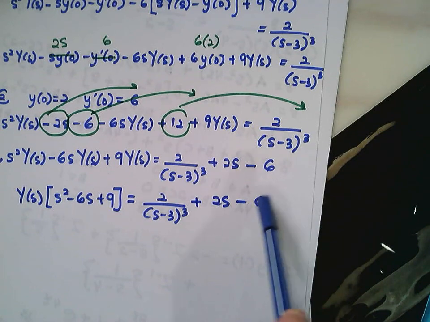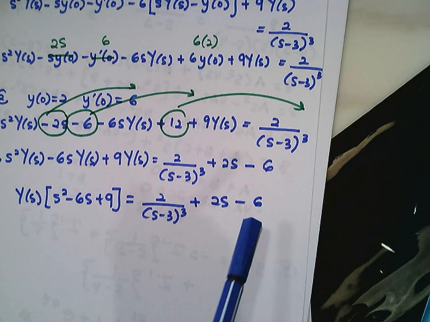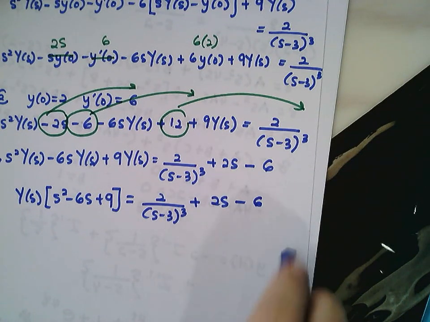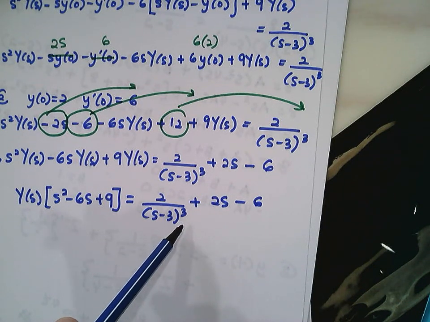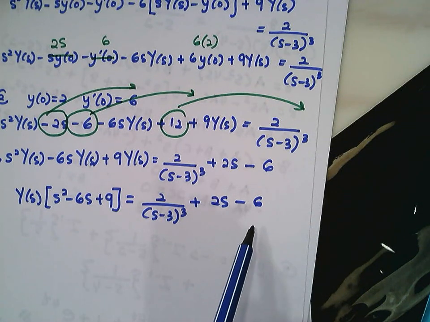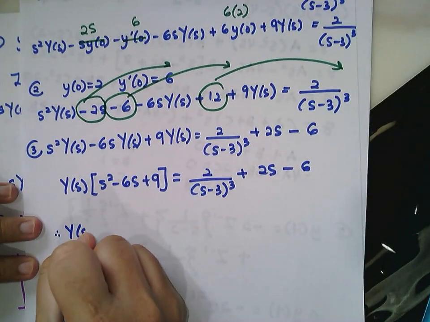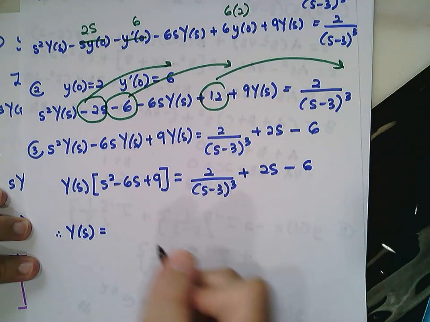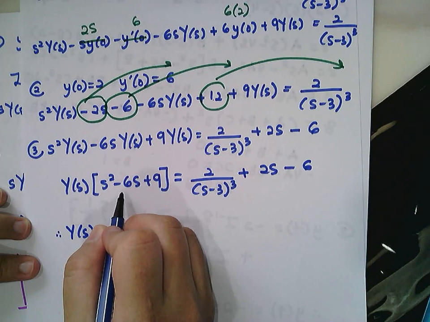If you want to do something so that it will become one function, it might take time and be difficult for you. Why? Because you have power 3 here, not square. Okay, so I will just leave it as this one. Therefore your Y(s) is equal to, so each of these functions needs to be divided by this one.